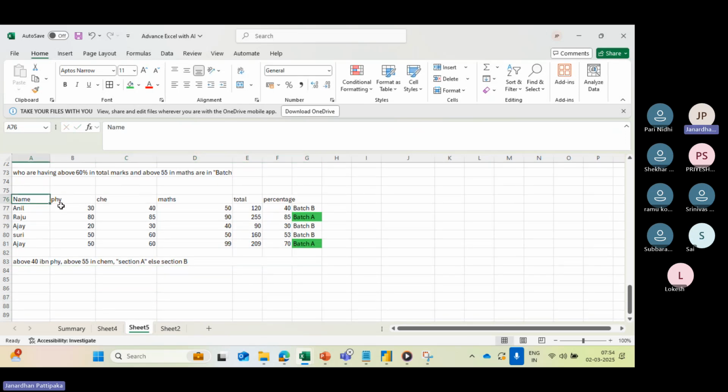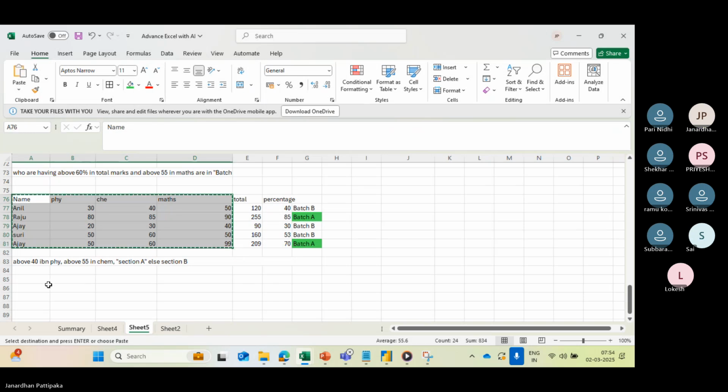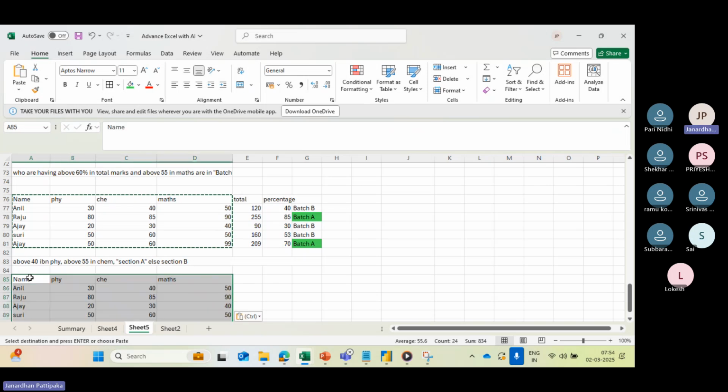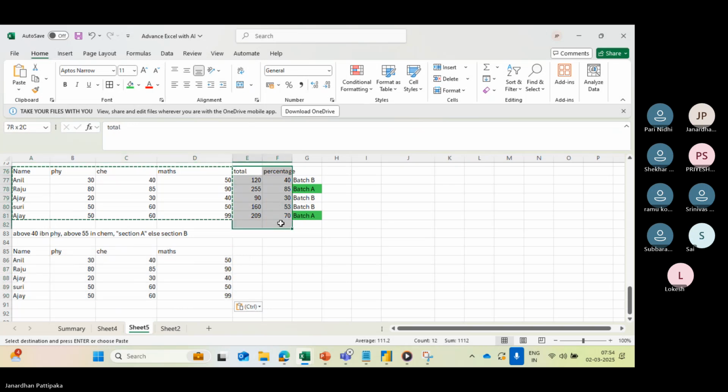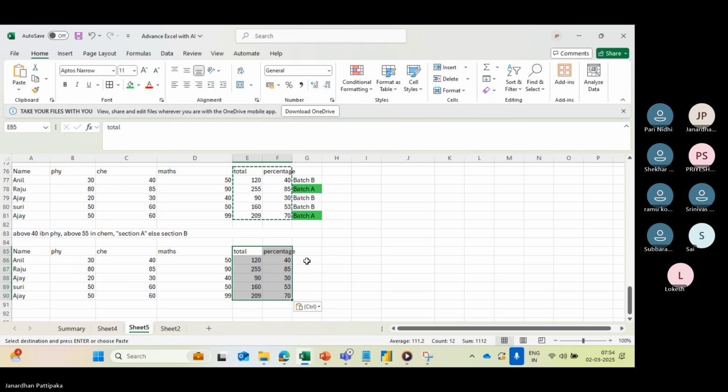Two conditions I'm mentioning only on marks. So I will copy this data over here. Yeah, same data I'm putting over here.